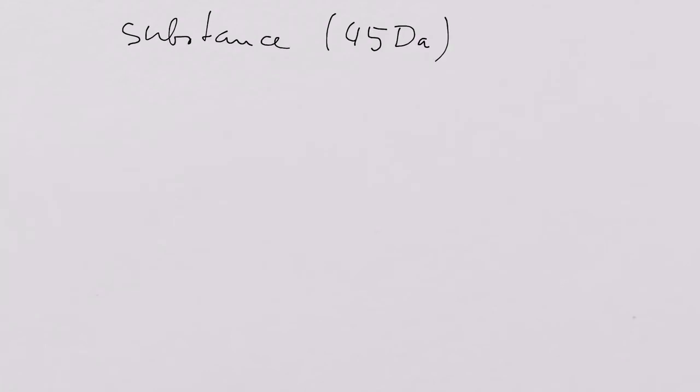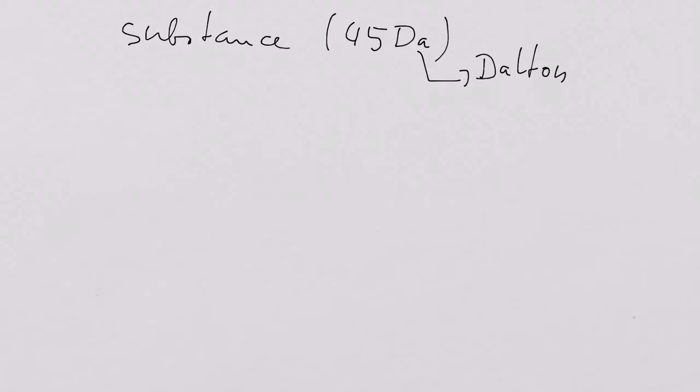Very often people don't really write explicitly molecular weight. Sometimes they just simply say a compound or substance, and they say it has 45 Dalton. And you think, so this Da stands for Dalton.